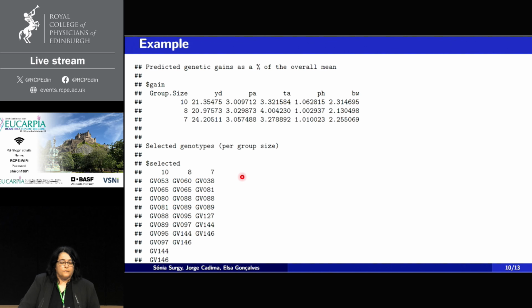Thus, the object selected lists the several genotypes that compose each group. And note that with this method, contrary to what happens with the selection indices, the genotypes belonging to the group of 7 are not necessarily included in the group of 8 or greater groups.